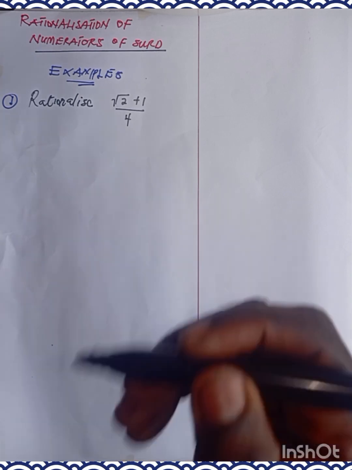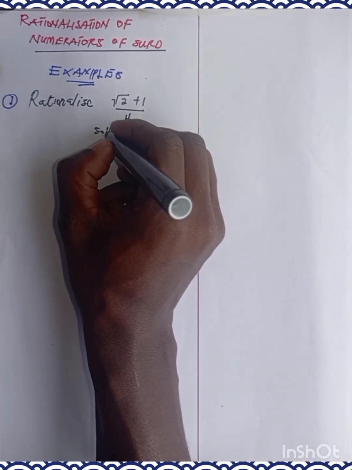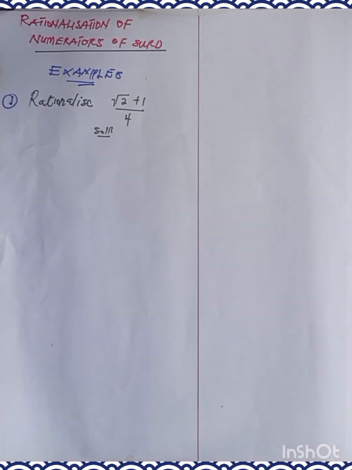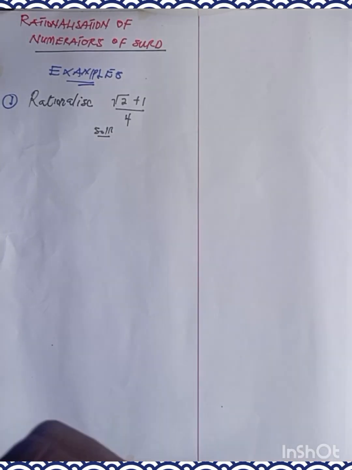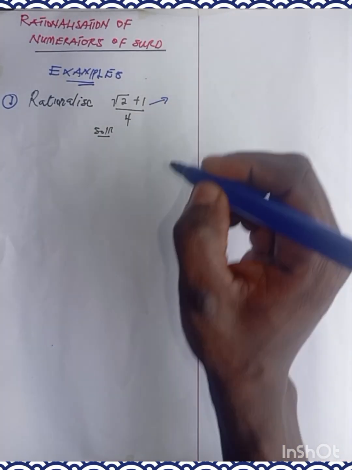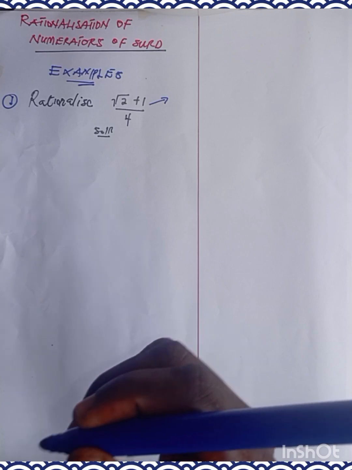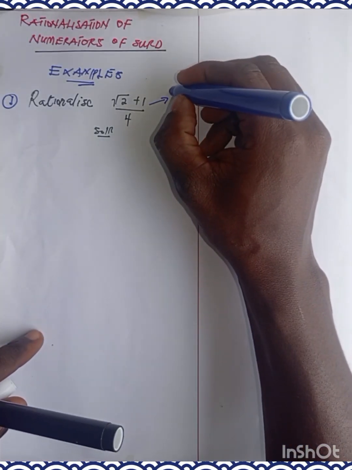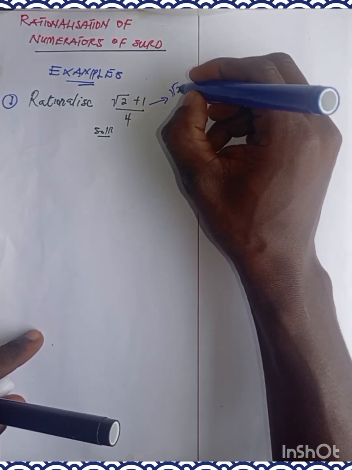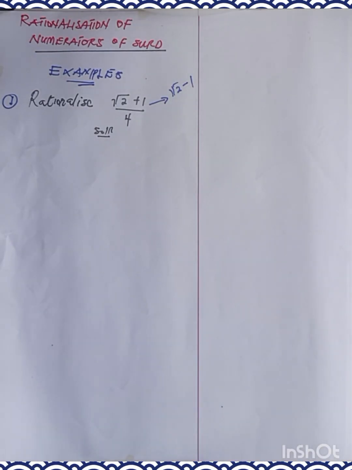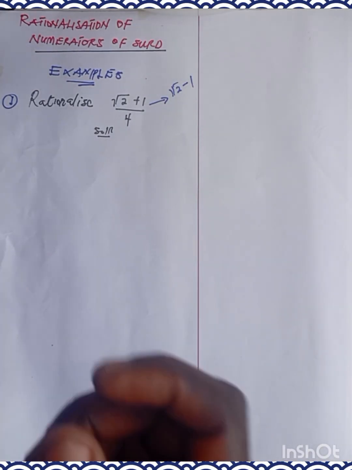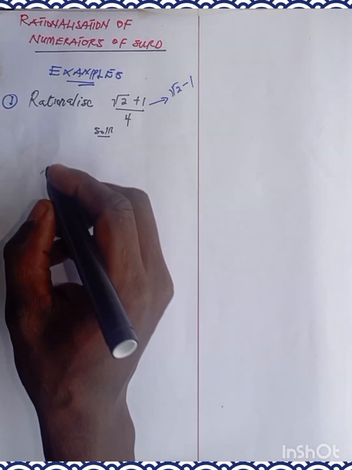So we already know that we first have to identify the conjugate of the numerator. So where is the numerator? This is the numerator. So we have to first identify the conjugate, and we know that the conjugate is going to be root of 2 minus 1, and that is the conjugate.